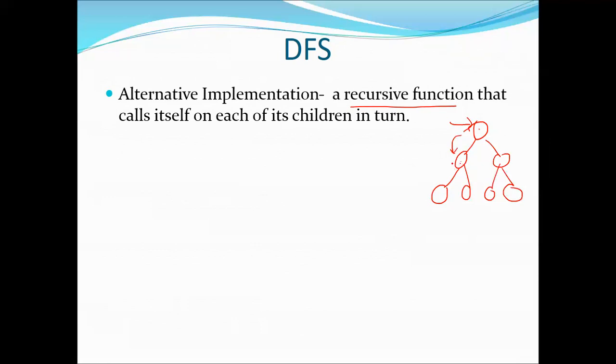If this is not the goal state, then the algorithm calls DFS on its left child. So basically the algorithm only checks whether the particular node is a goal state or not. If it is not a goal state, it will again call the same algorithm on its child. This process continues until it reaches the leaf node. After reaching the leaf node, there is no child, so automatically the algorithm will return. Where it will return means it will go back to the caller. So it will go here.